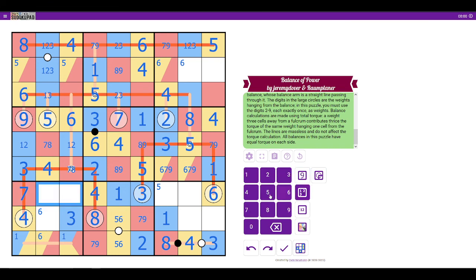Which means there must be an additional 8 up here. Which means, because that... Yeah, 8 isn't there, 8's not there, so there has to be the 8 here. Which means this has to be the 9, which means that's a 7. Which means that's the 9.